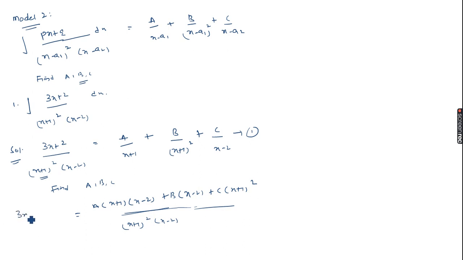And this is nothing but 3x plus 2 by x plus 1 whole square into x minus 2, which is cancelled out.